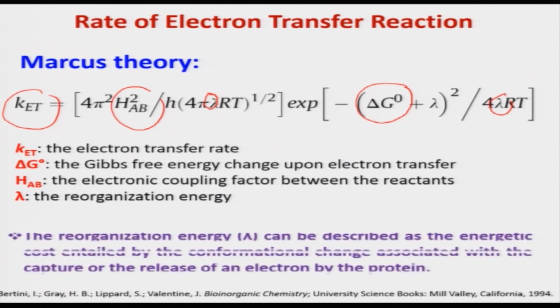The reorganization energy is described as the energetic cost related to the conformational change between reduced and oxidized species. This is the factor that changes from one molecule to another.